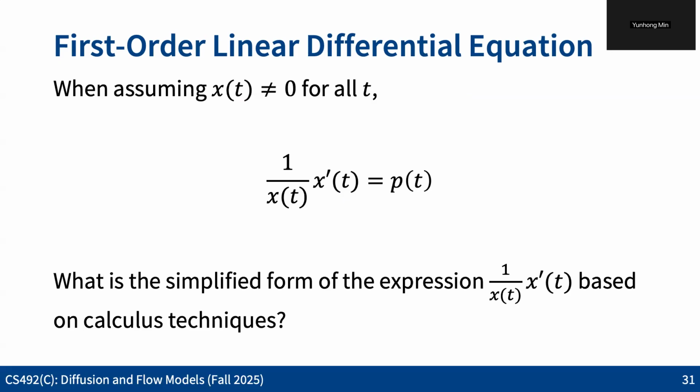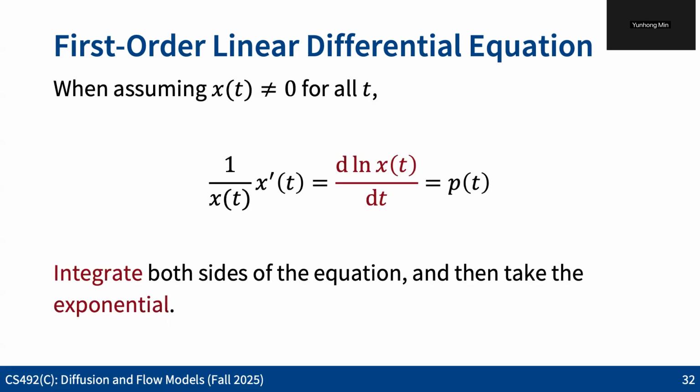Then you can see that the left-hand side can be simplified, right? We have 1 over x_t times the first derivative of x_t. And this can be simplified into the derivative of the natural log of x_t, right? If you take the derivative of the log of x_t, then we get exactly this.